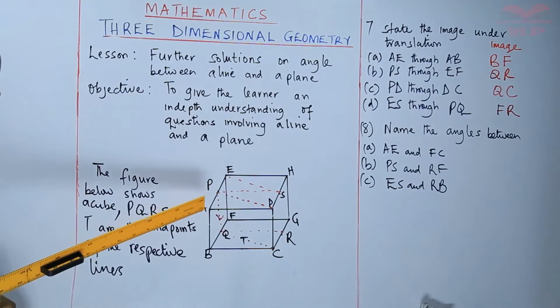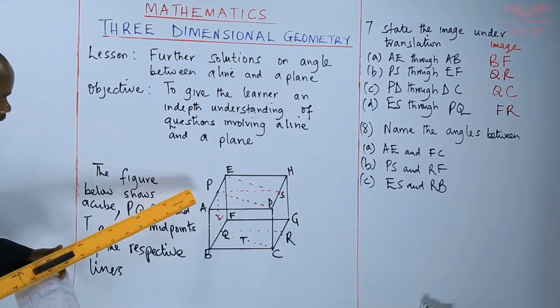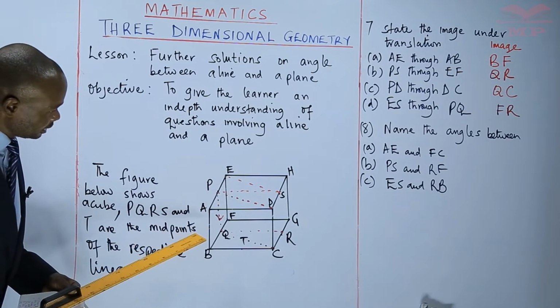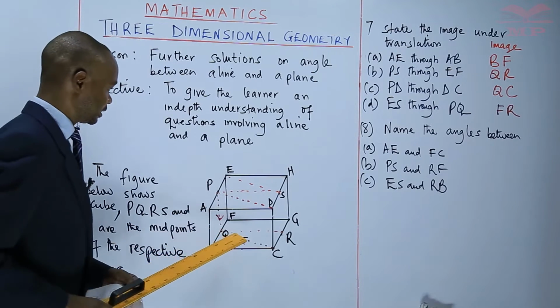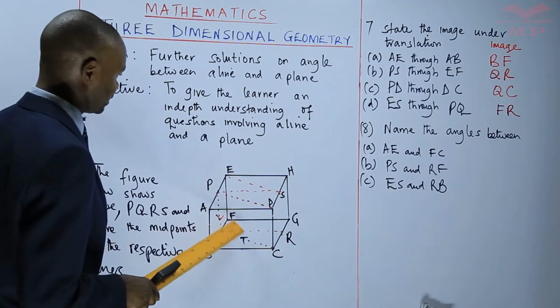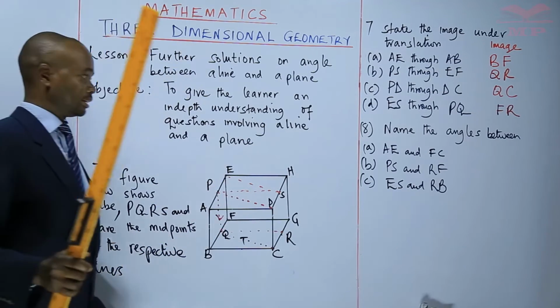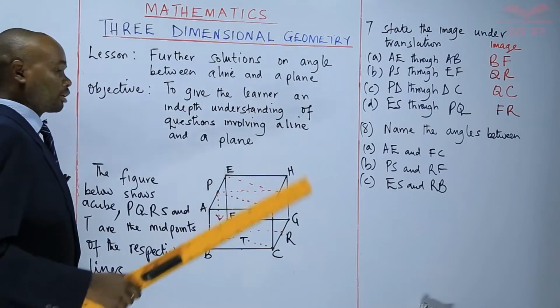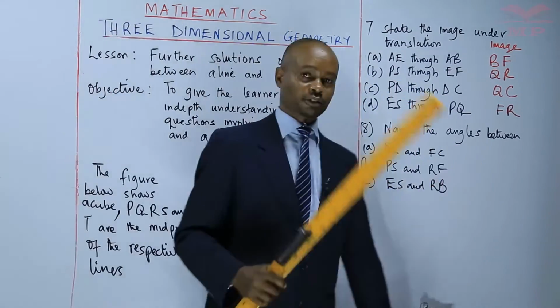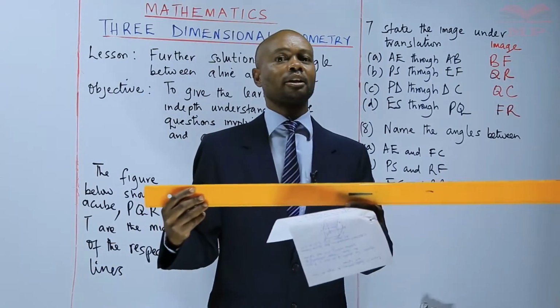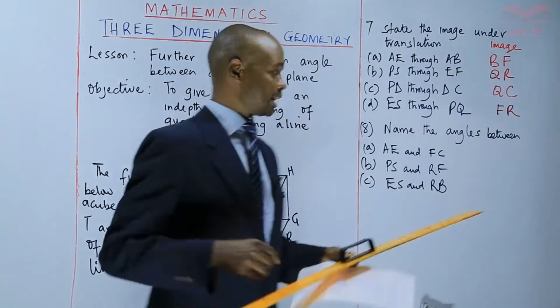So let's start. AE and FC. If you are given two lines and you want to find the angle between them, you simply translate one line to the plane belonging to the other line.